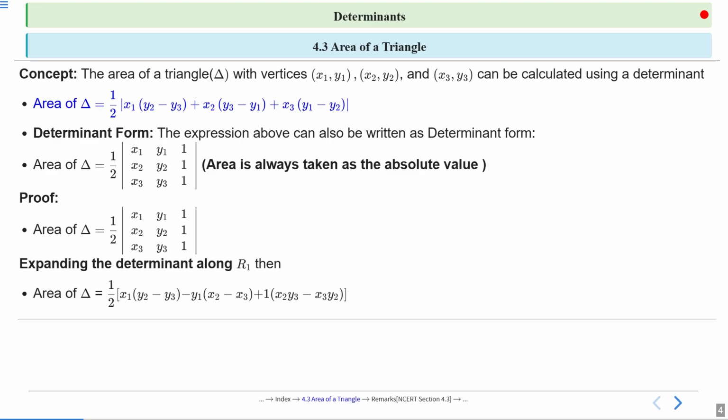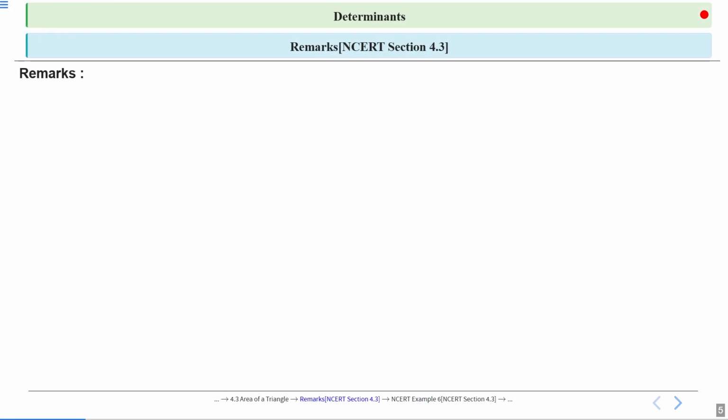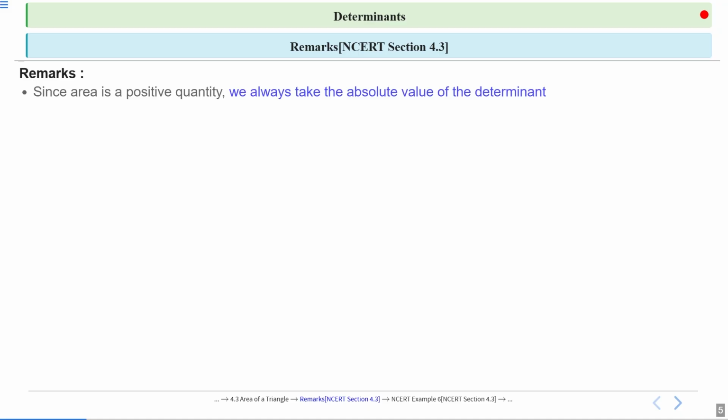Just take the first element of row 1, that is x1, and then multiply it with its minor. So when we find the determinant of that matrix, we get exactly the same equation as we are already familiar with to find the area of a triangle.